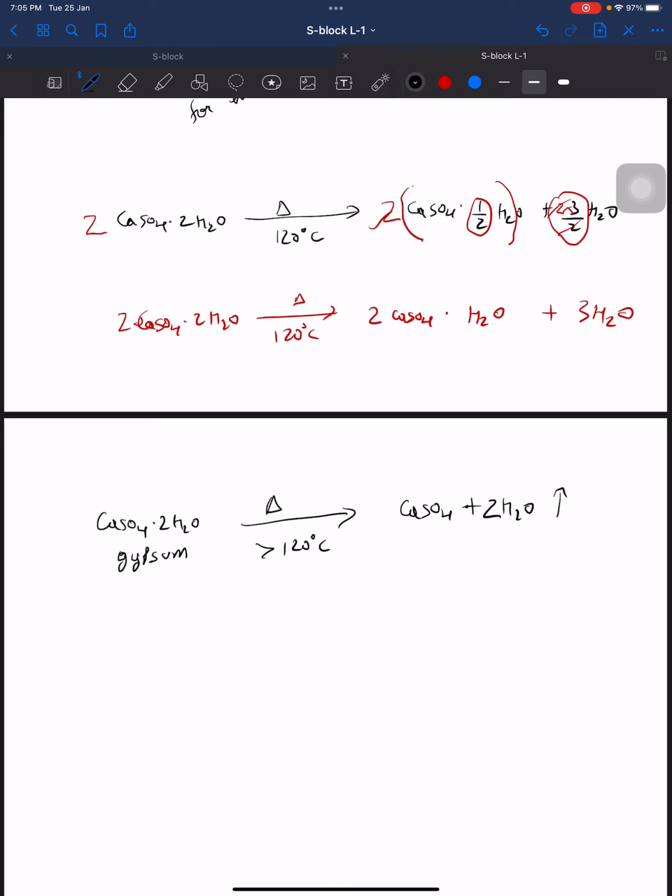The gypsum, when burnt at more than 120 degrees centigrade, loses all the water of crystallization, and the plaster of Paris will not be formed, right?